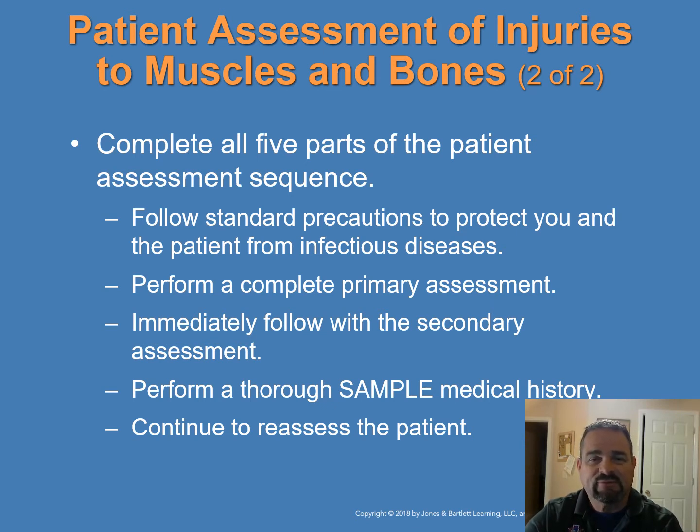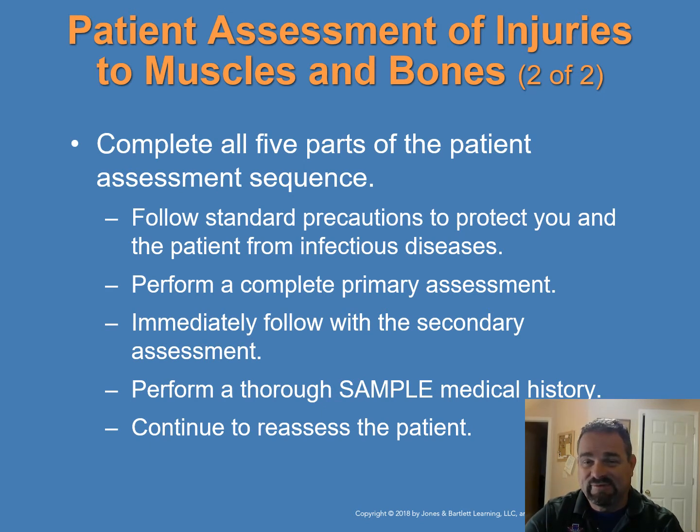So you're going to have to provide a thorough scene size up. Don't get tunnel vision because the patient has an obvious injury. You need to complete all parts of the scene size up to render the scene safe and to gain as much information as you can about the patient's mechanism of injury, or MOI.